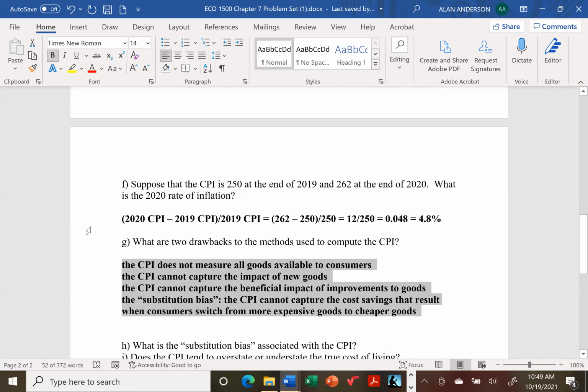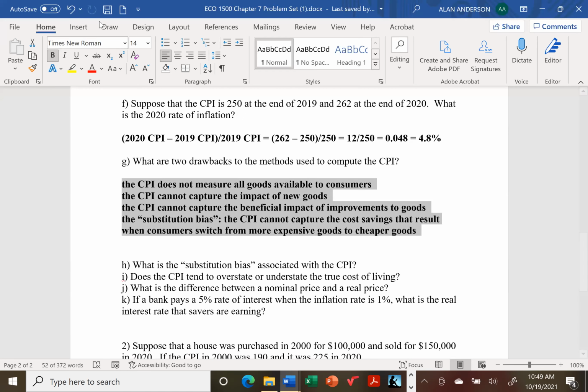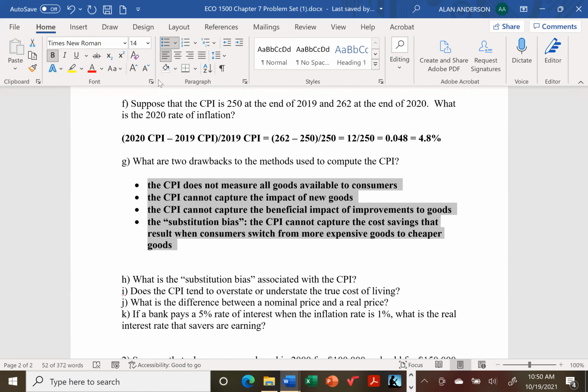Like, if for some reason chicken suddenly becomes much more expensive, we may be able to save money by buying pork. With the CPI, the weights or the proportions that we spend on each good are fixed. So if we do substitute pork for chicken, it's not going to pick up on that, and so it will give us the impression that our cost of living has gone up more than it really has. In other words, all of these effects jointly give us the impression that prices are rising a little faster than they really are.